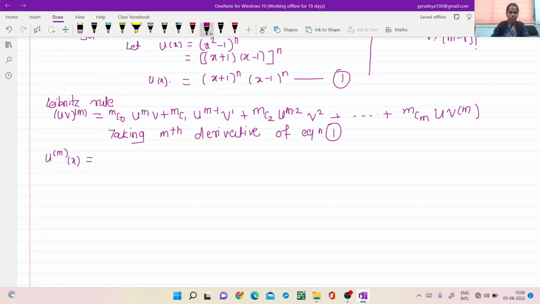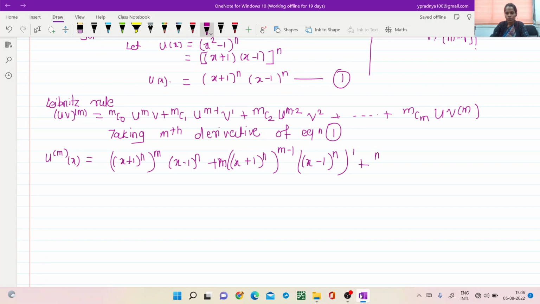So it is equal to (x plus 1) raised to n, its mth derivative, into (x minus 1) raised to n as it is, plus the value of mC1 is m, into the (m minus 1)th derivative of (x plus 1) raised to n into the first derivative of (x minus 1) raised to n, plus the value of mC2 is m into (m minus 1) upon 2 factorial into the (m minus 2)th derivative of (x plus 1) raised to n into the second derivative of (x minus 1) raised to n, plus and so on.